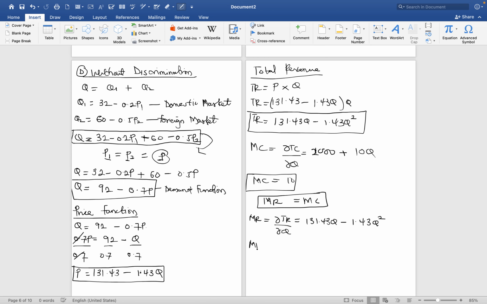In finding the derivative of this, I have 131.43 minus, 2 times 1.43, that would give us 2.86Q. Remember 2 minus 1, so this is marginal revenue.